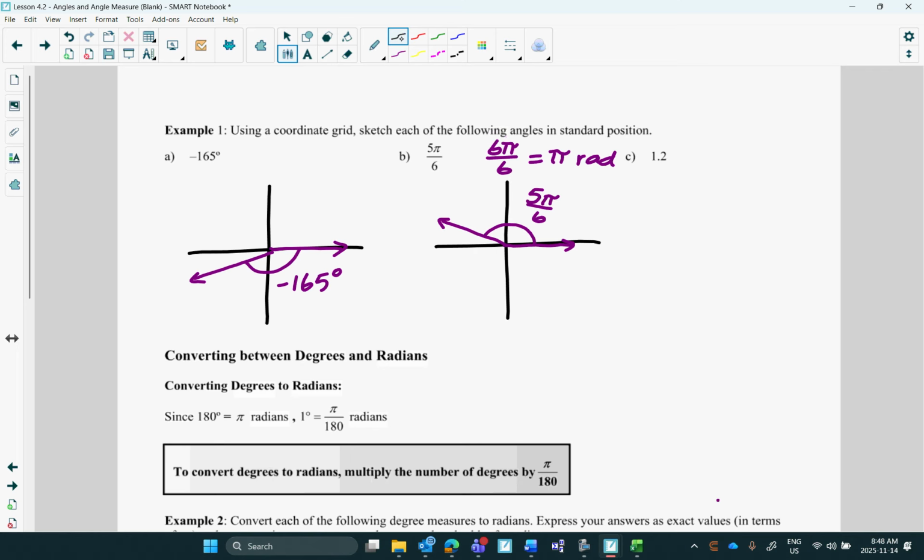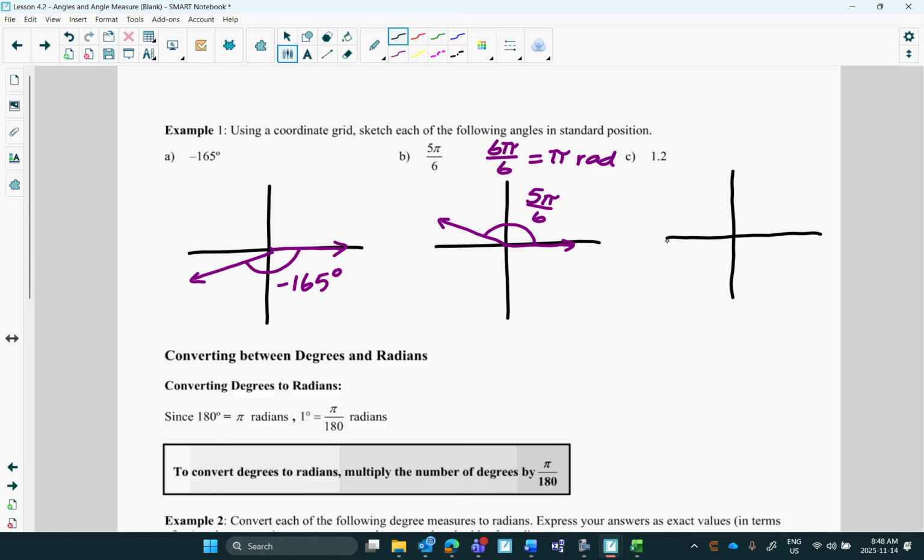And finally, 1.2 radians. Well, again, now think instead of pi, think numbers. How many radians are approximately in a complete circle? 6.28, right? Okay, or 2 pi radians.